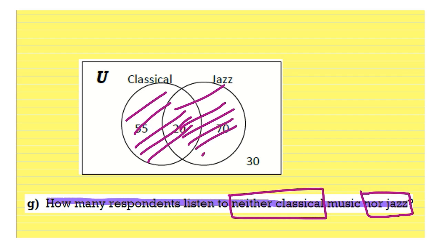So the only thing that is left is what is outside these Venn diagram circles. The universal category includes 30 people that do not listen to classical or jazz. So 30 people do not listen to classical or jazz.